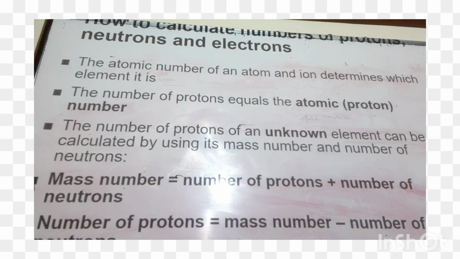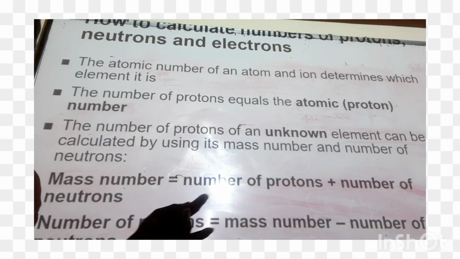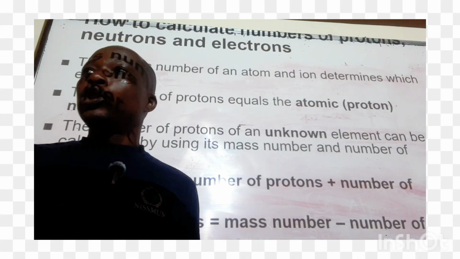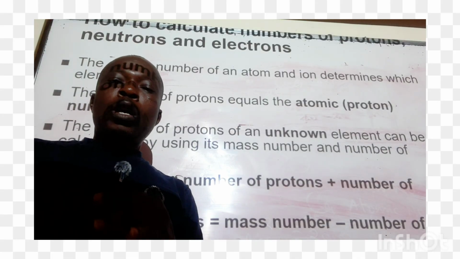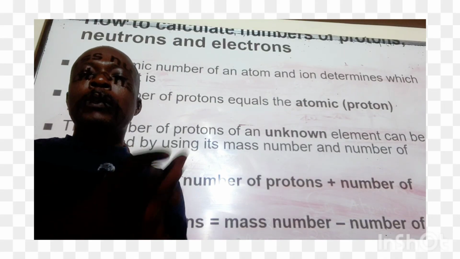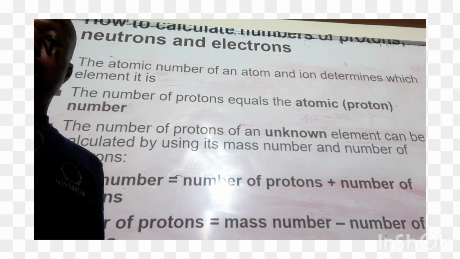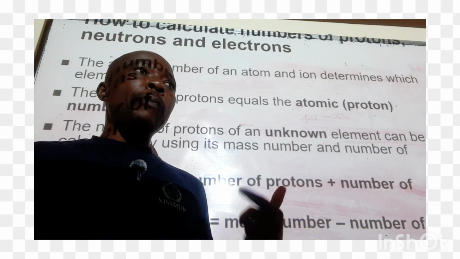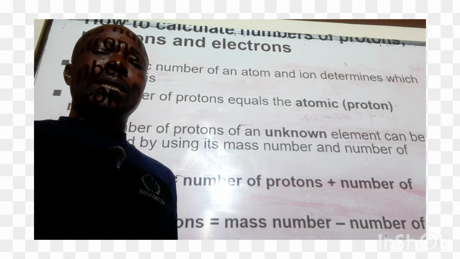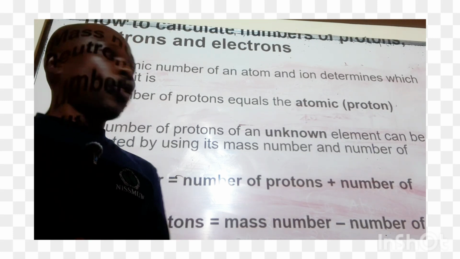It will show you whether the element is carbon, oxygen, lithium, beryllium, hydrogen, uranium, cesium, francium, argon, chlorine, iodine, any type of element. It is the atomic number that will help you identify it, because the atomic number is the main identity of that atom.